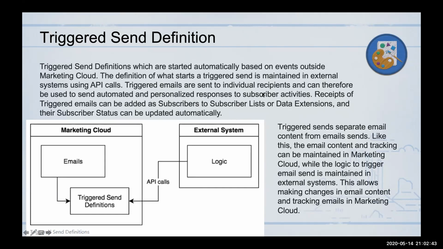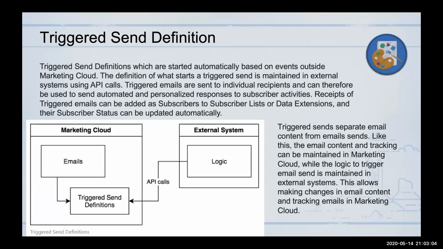Recipients of triggered emails can be added to subscriber lists or data extensions, and their subscriber status is updated automatically, which is awesome for us in Marketing Cloud, because sometimes you can have thousands of people coming into these data extensions.